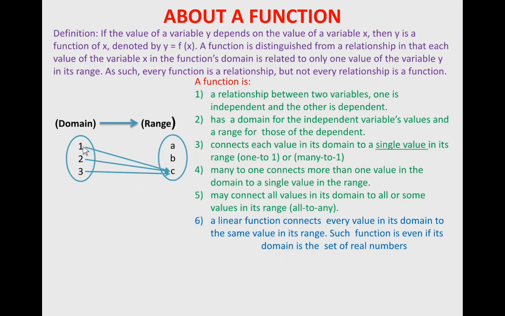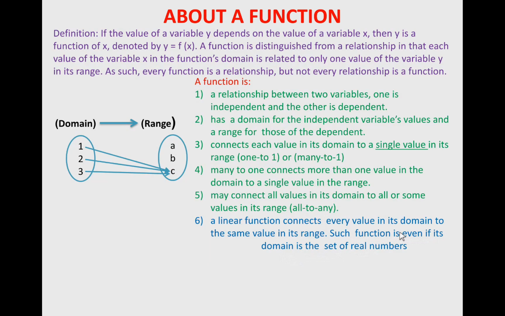Every value of the domain, the 1 and the 2 and the 3, are mapped to a single value C. So a function is a linear function if it connects every value in its domain to the same value in its range. Such a function is even if its domain is the set of real numbers.